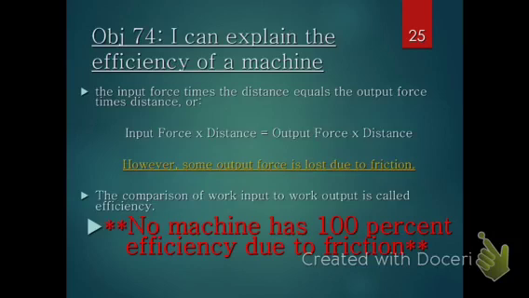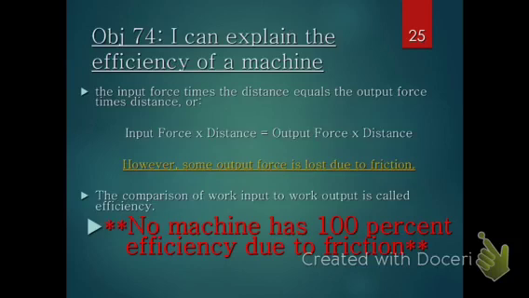Our next thing is we need to be able to explain the efficiency of a machine. All right, the efficiency of a machine is the input force times the distance, all right, and that should be equal to the output force times the distance. All right, the input force times distance should be equal to the output force times the distance.